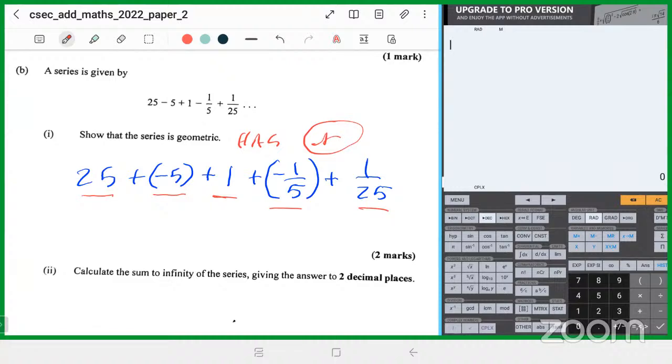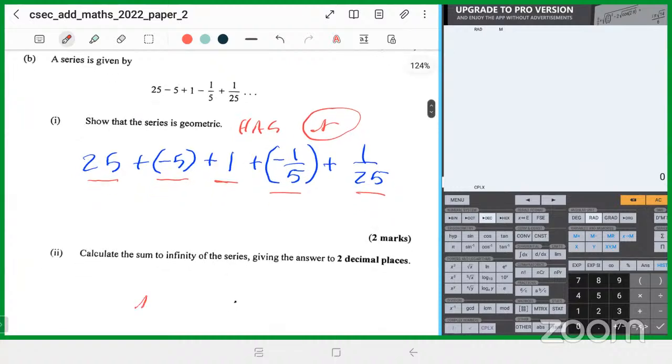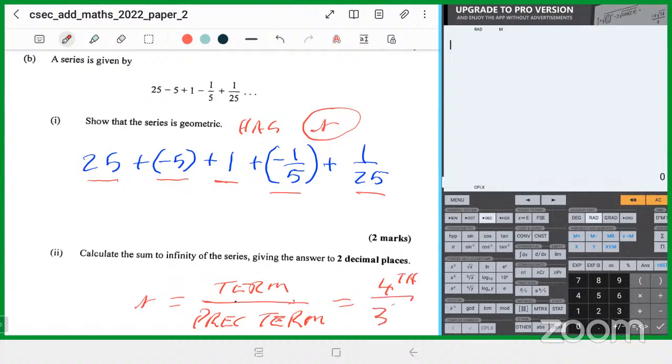I told you earlier that the common ratio is equal to a term divided by its preceding term. So for example, the fourth term divided by the third term gives the common ratio.